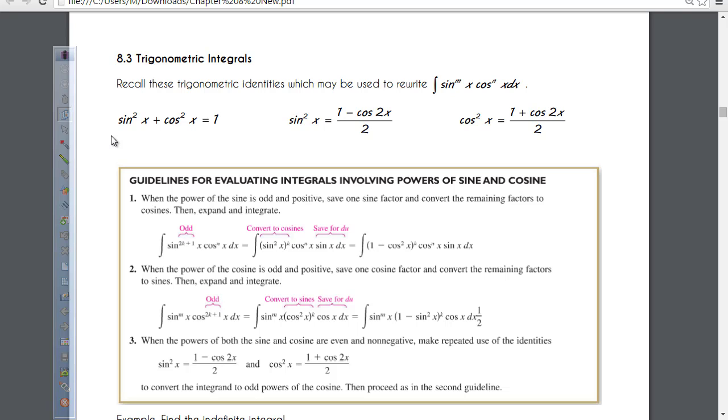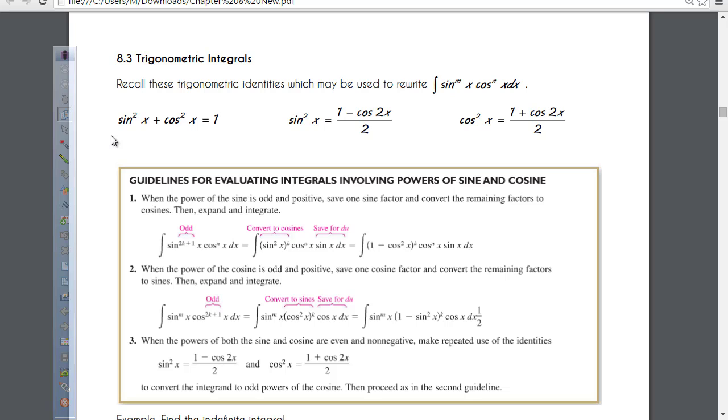So in this first one, notice that we have sines and cosines. And remember that sine and cosine are kind of derivatives of one another, right? Except for a minus or whatever. But what they say is that if we have an odd number of sines, take one of those sines out to the side, and then we're left with some multiple of sine squared.